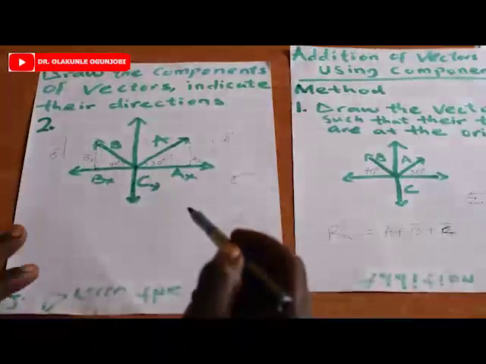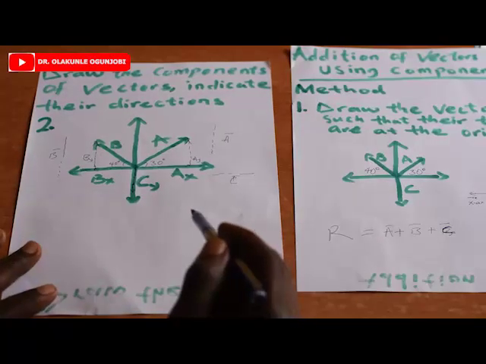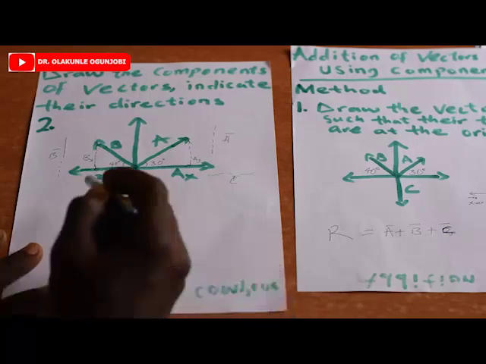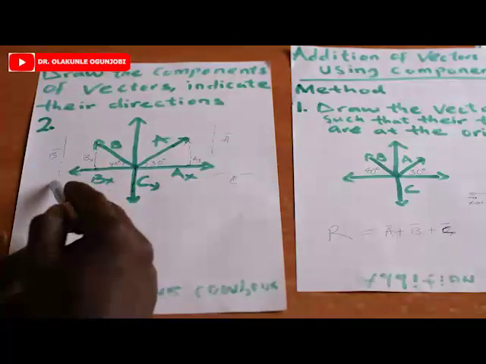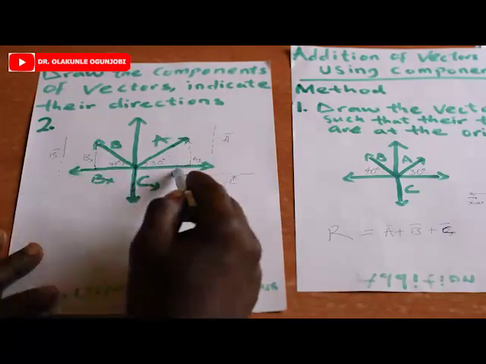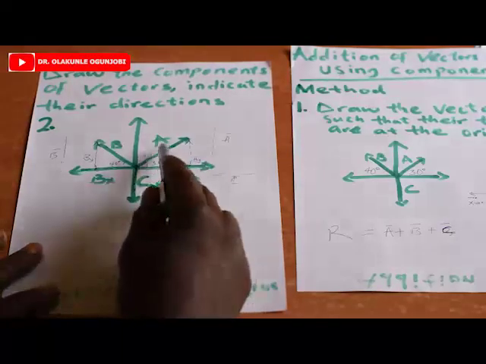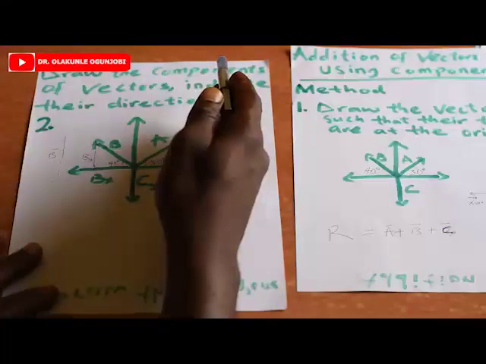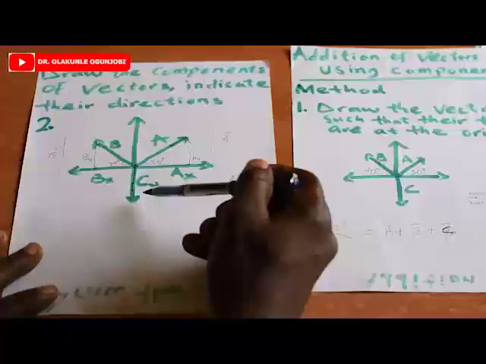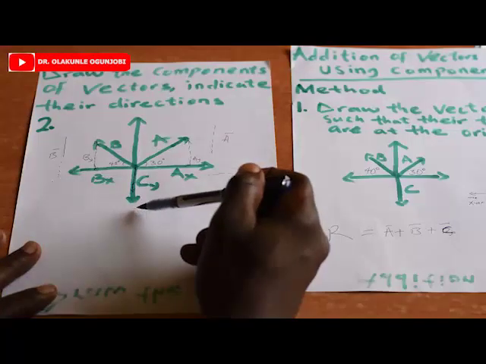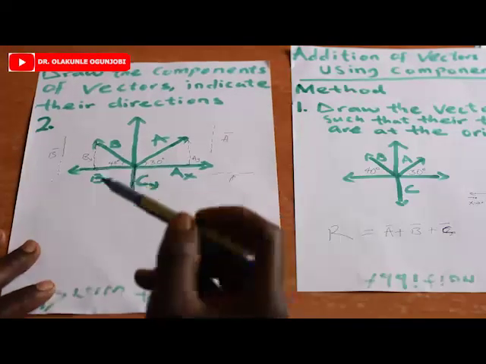We don't want to get this complicated, but you must understand that along this is bx. Along this direction is ax, because this is the a side. And along this side is cy.